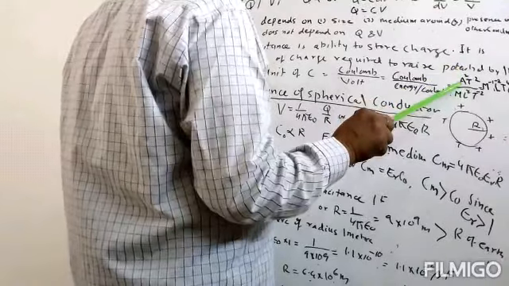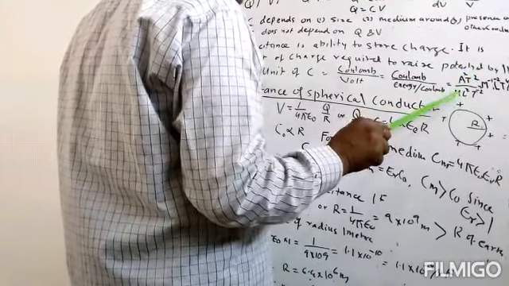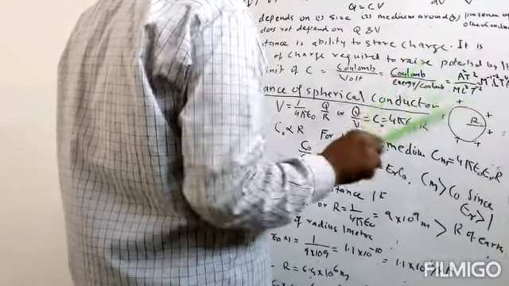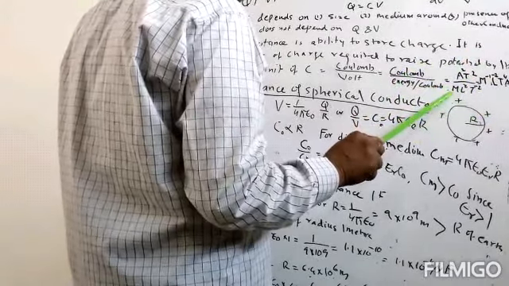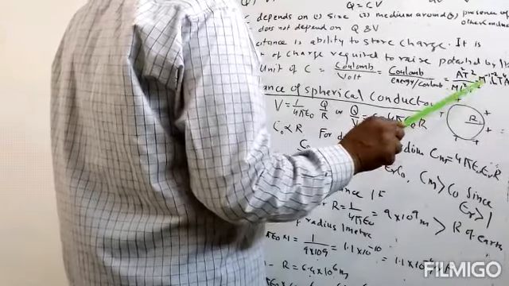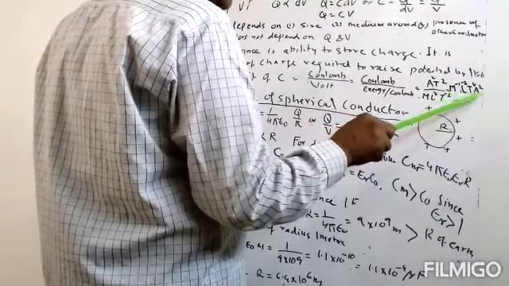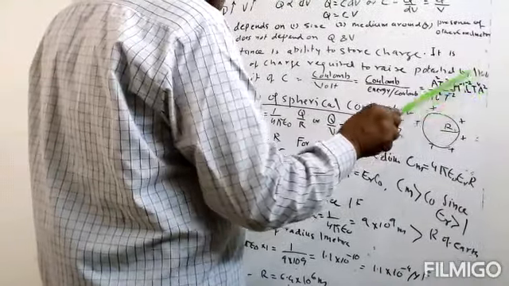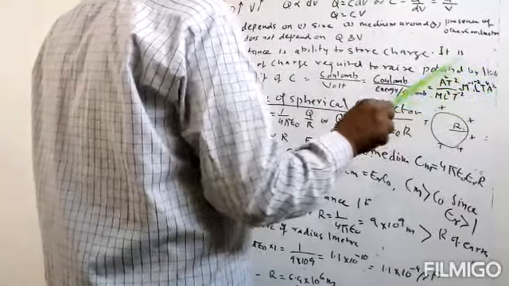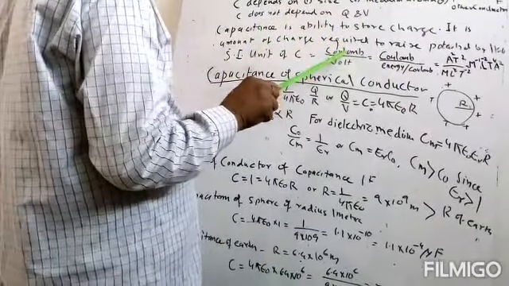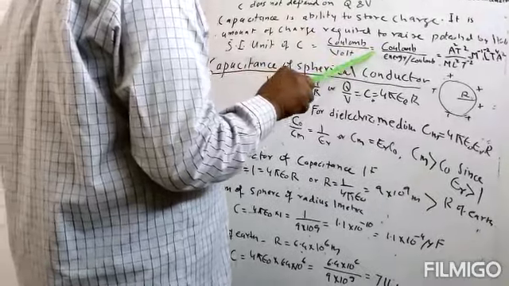Q is A into t squared, and energy is M L squared T to the power minus 2. So the resultant will be M to the power minus 1, L to the power minus 2, T to the power plus 4, A squared. This will be the dimension of the capacitance, and the unit of the capacitance is 1 farad.